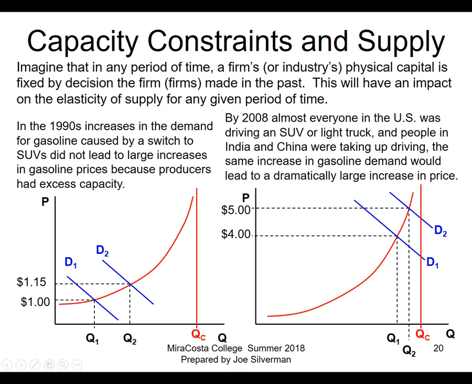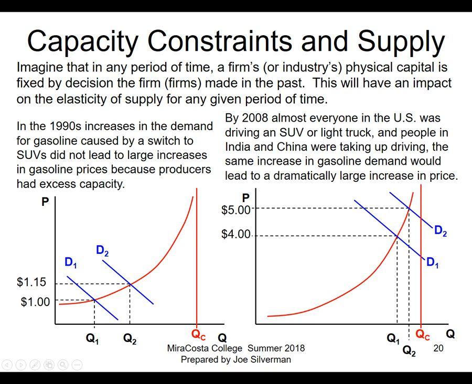In the 1990s, we were way below our capacity to pull gasoline out of the ground. As we got through the 1990s, we started getting closer and closer to capacity. And so our supply curve became more inelastic. When the supply curve becomes more inelastic, any change in demand is going to show up more in terms of price than it will in terms of quantity.